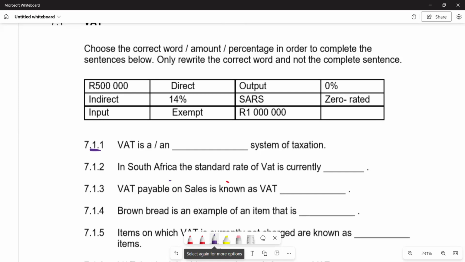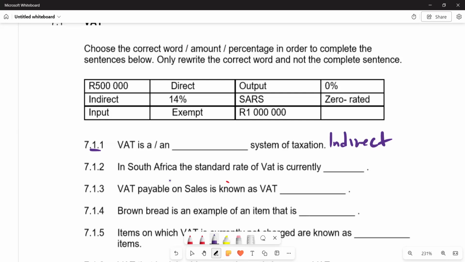SARS is not going to charge the customer directly, but it goes through intermediaries like the retail outlets. So it is collected by an intermediary such as a retail store. This is exactly as we are trying to explain it here. So the answer that we have there is indirect.